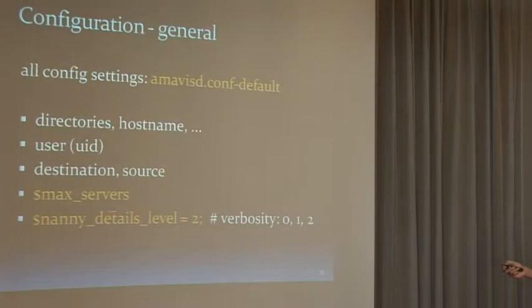And here's one suggestion. I don't think it is a default. Set it to 2. It doesn't cost much, but it gives you much more useful output from Amavisd-new. We'll come to it later.